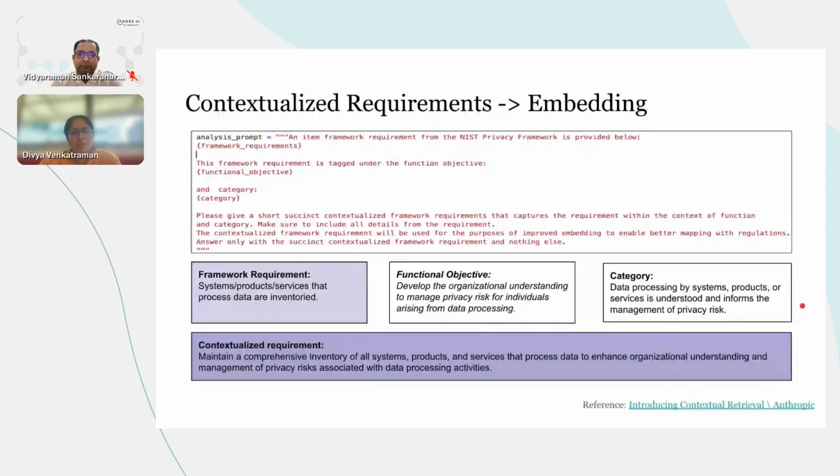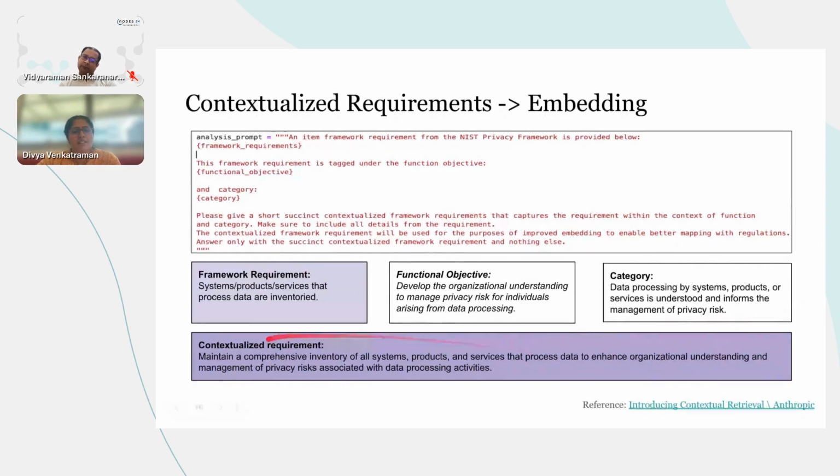This particular process, we found it helps a lot in the NIST framework, because that helps you to find the contextualized requirement, whereas in the regulatory context, the DPTM checklist, it wasn't required because the regulatory descriptions were self-explanatory.